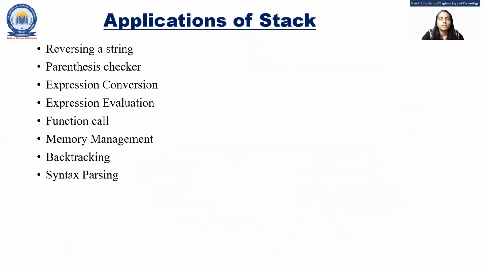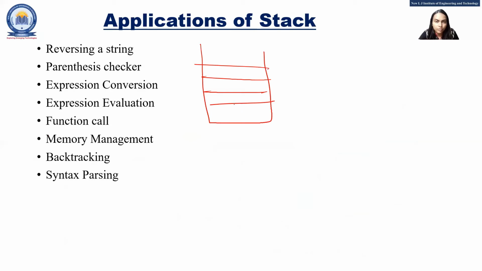Now, students, let us see the applications of stack. We have just understood in the last lecture that it is very important in function calling. What are the other applications? The first application is reversing a string. If there is a string here, first of all, one by one, we can add the string.